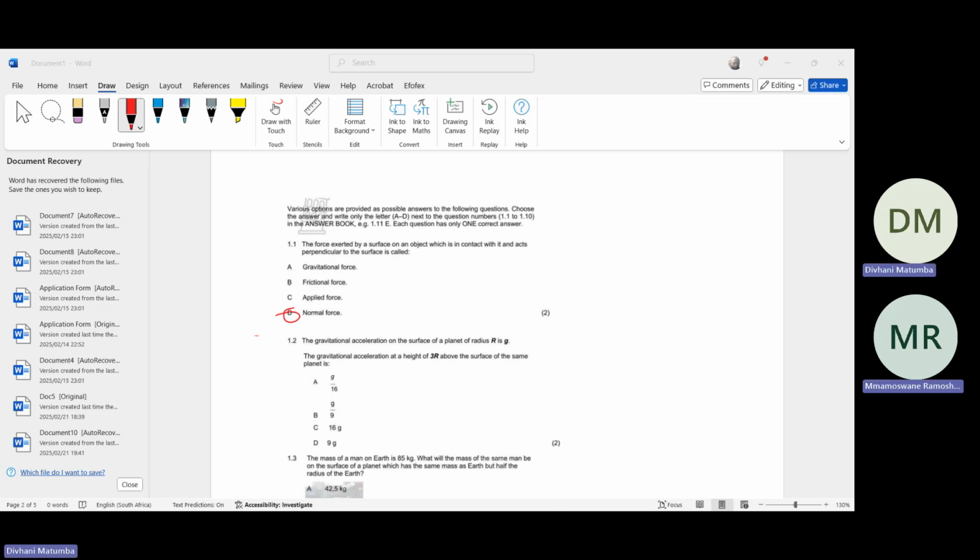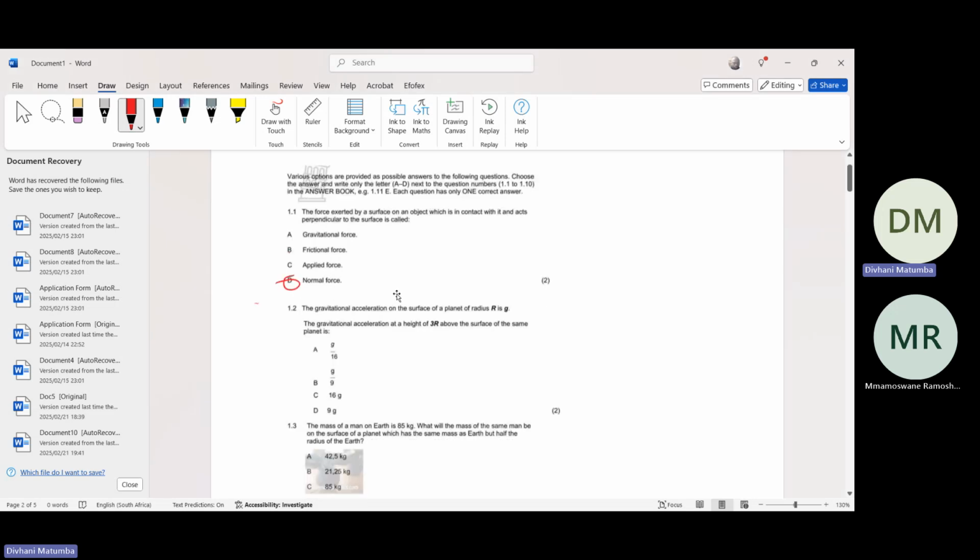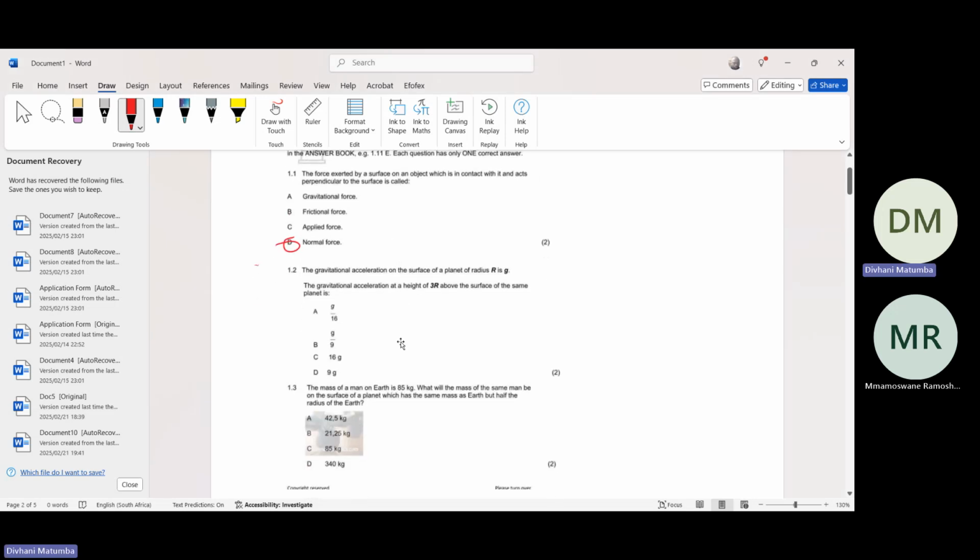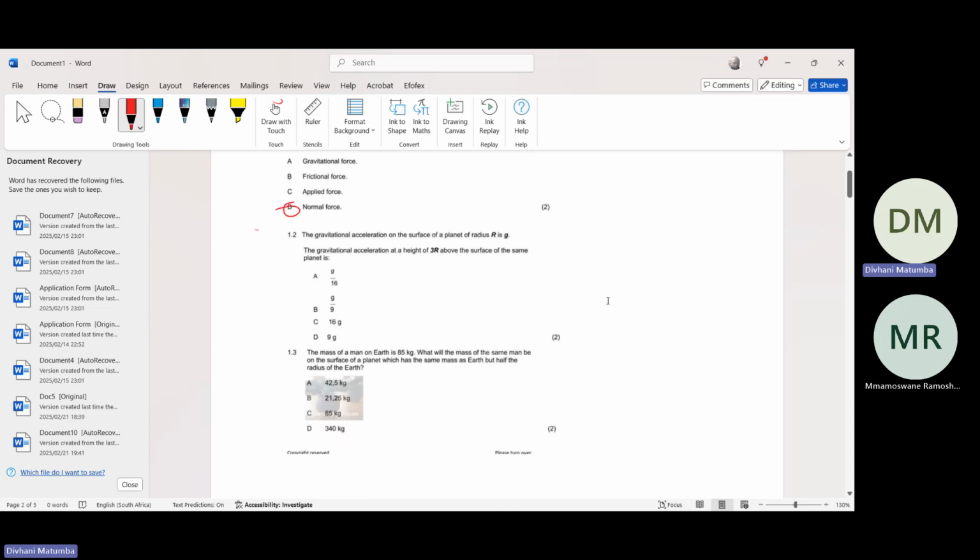Yeah, okay. The second one: gravitational acceleration on the surface of a planet of radius r is g. The gravitational acceleration at a height of 3r above the surface of the same planet is? Gravitational acceleration on the surface of Earth is g.